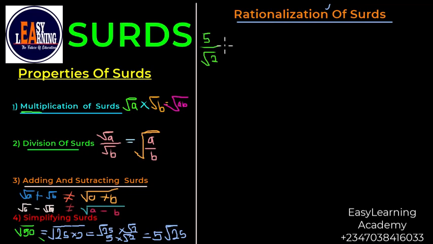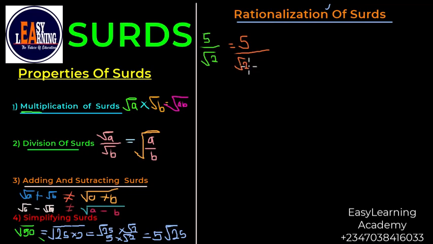And to take away this surd as the denominator, what we simply need to do is multiply the numerator, and then the denominator. Now this is what I mean. You have your 5 here, right? And then all over your surd that you had initially.